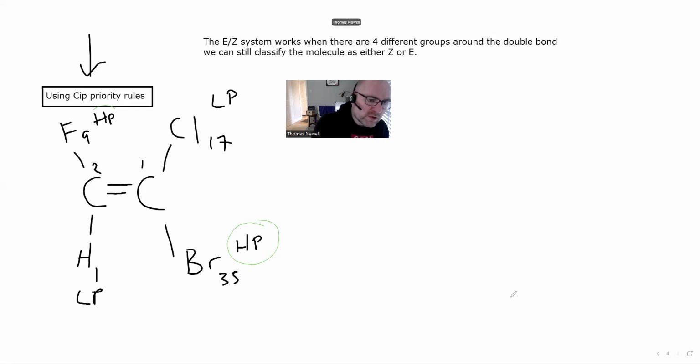So the 2 high priority groups are opposite each other across the double bond. One is above, one is below, and they're across from each other. So this is known as an E-isomer.